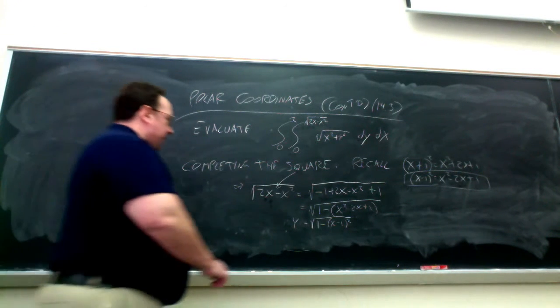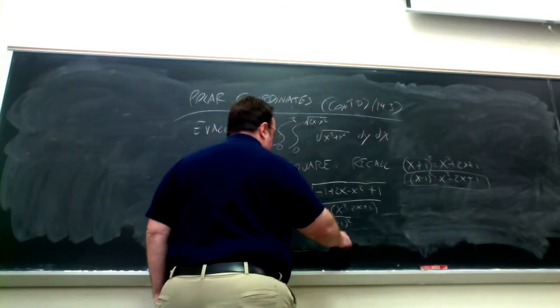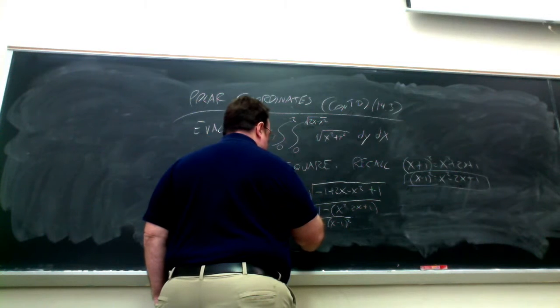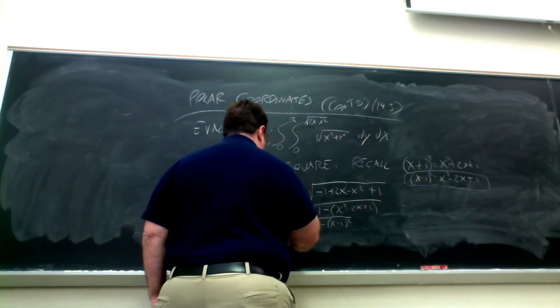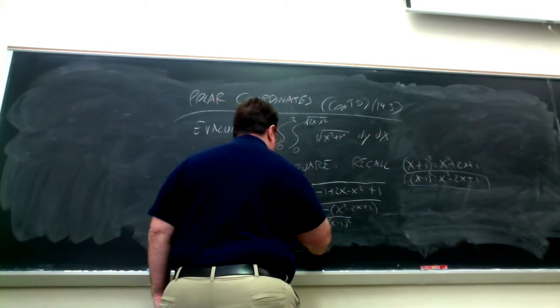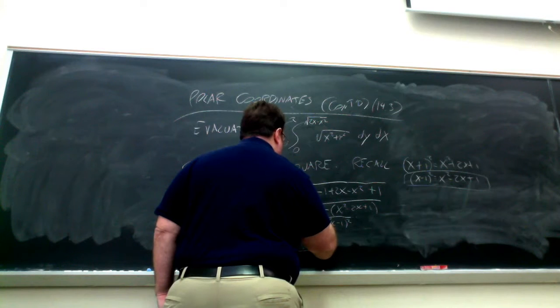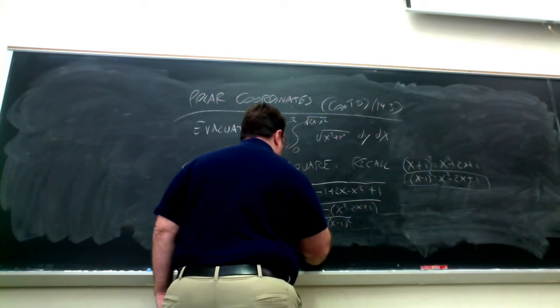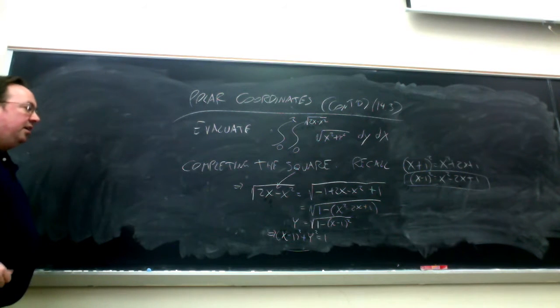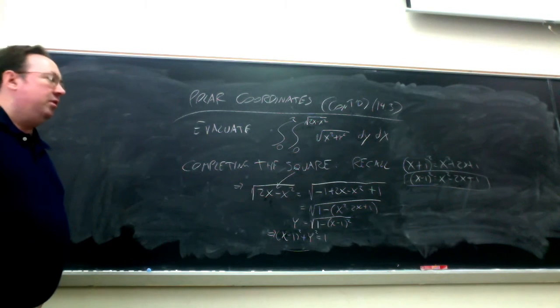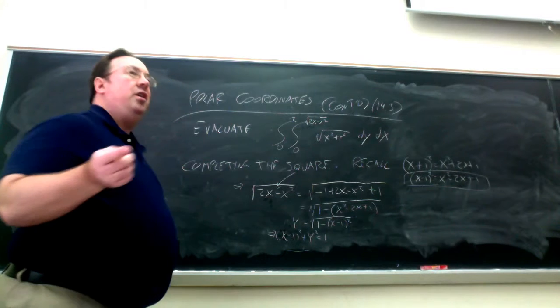Now, so what does this describe? I can go ahead and square both sides and do some rearranging. And you get (x minus 1) squared plus y squared equals 1. Okay, so this describes a circle. But what do we know about the circle?